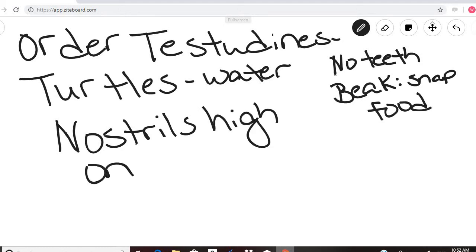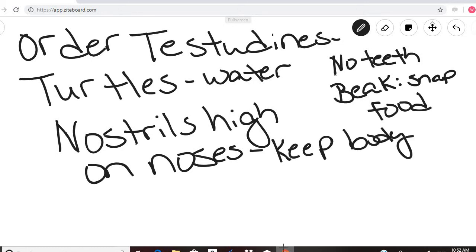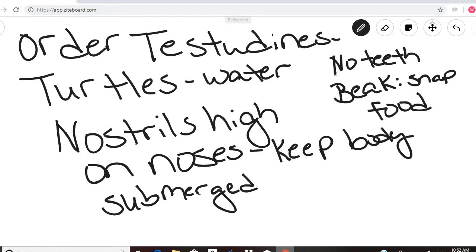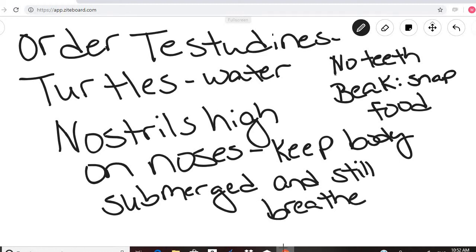So that means that they are able to keep most of their body submerged and still be able to breathe. Okay, so I think that's all we're going to say about the turtles.